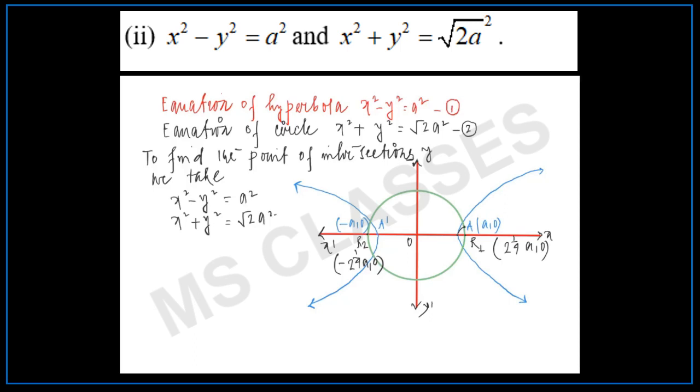Now on adding these two equations, we get 2x square equal to a square comma root 2 plus 1.